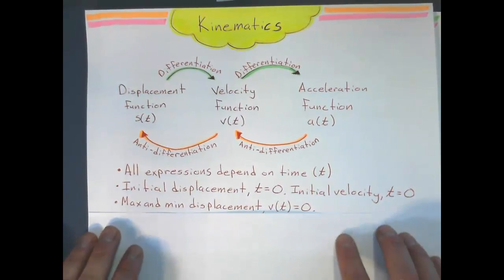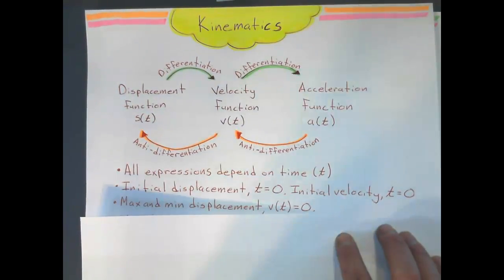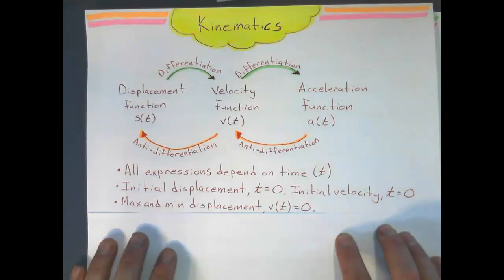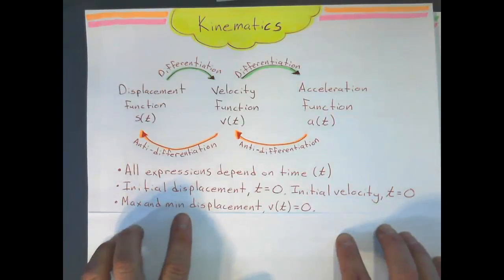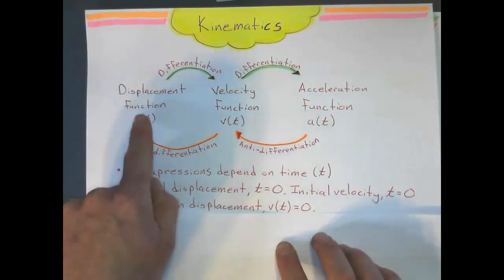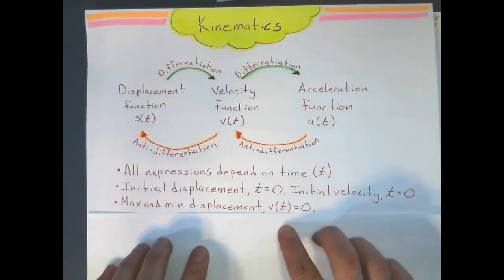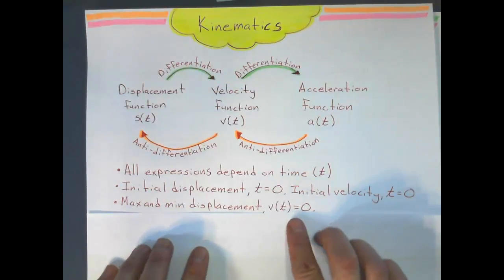Now, remember, with calculus, when I'm finding the maximum and minimum, that's when the gradient function is set to 0. So the maximum and minimum displacement of an object, it's been derived, so that's when we set it equal to 0.